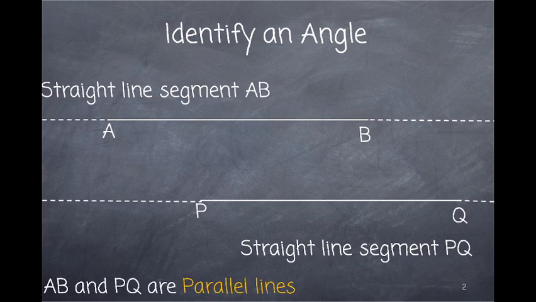So we call these two lines parallel lines because the line AB and the line PQ never meet each other. So the line AB and PQ are parallel to each other. So here we couldn't find any angle.